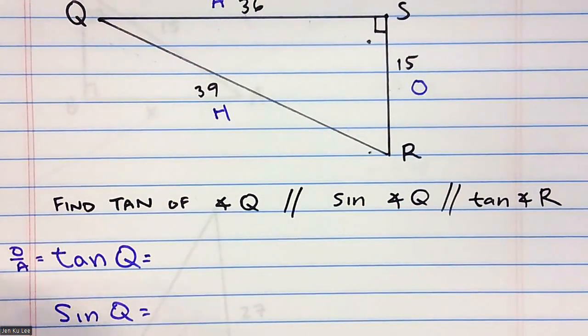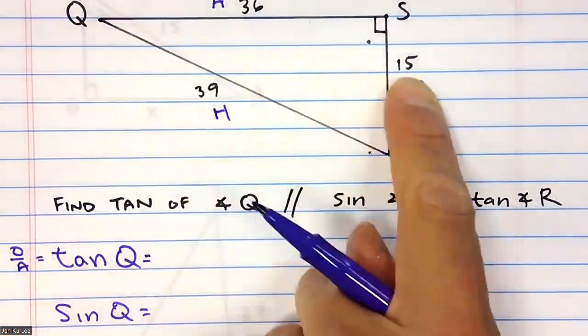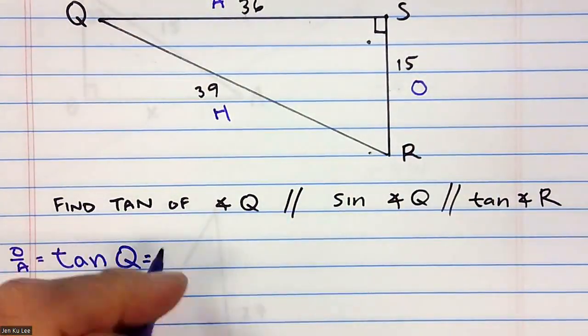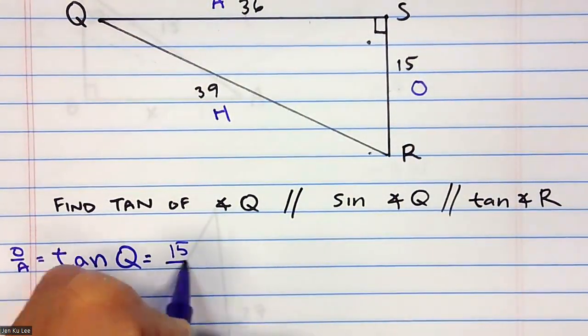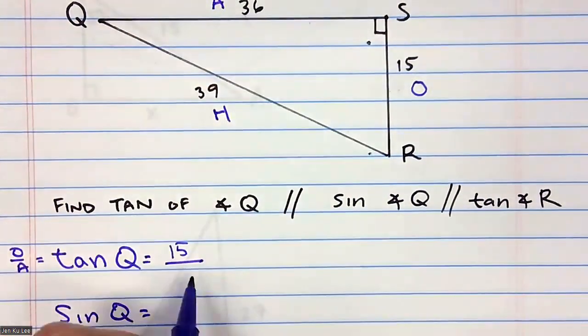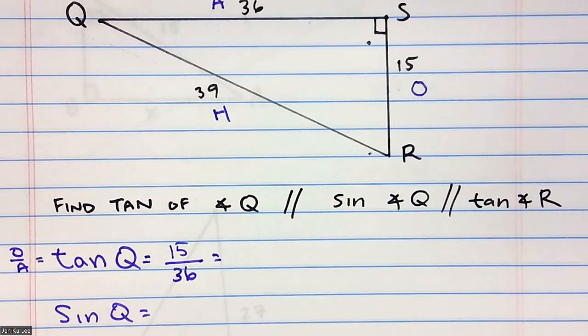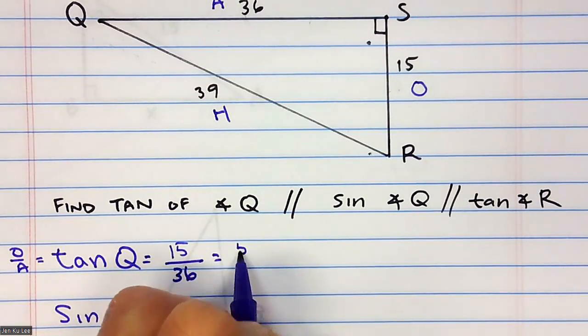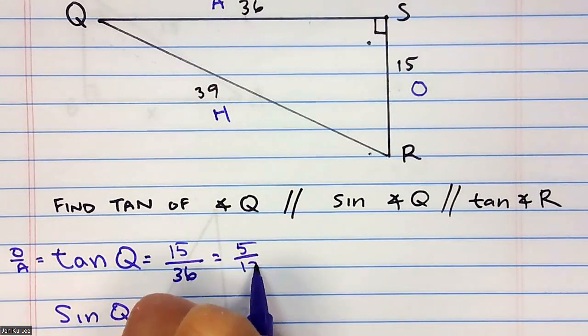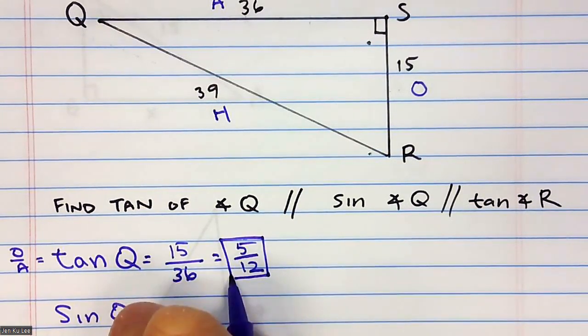So my opposite side here is 15. So that's 15 over my adjacent side here is 36. 36 and 15 both go into 3. So it's 5 over 12 if you just reduce the fraction.